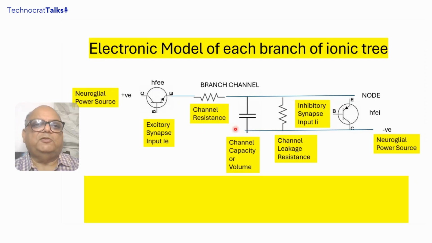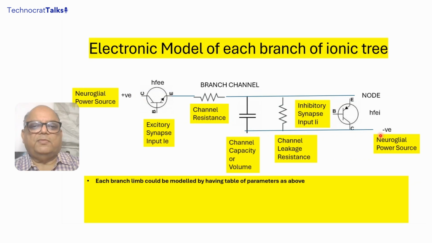And the power supply, as I said, is neuroglial, the cells which surround the neurons. Those are the resource cells which provide ionic resources to the neuron, so they act like a power supply, an electronic power supply which will give positive and negative to the neuron.